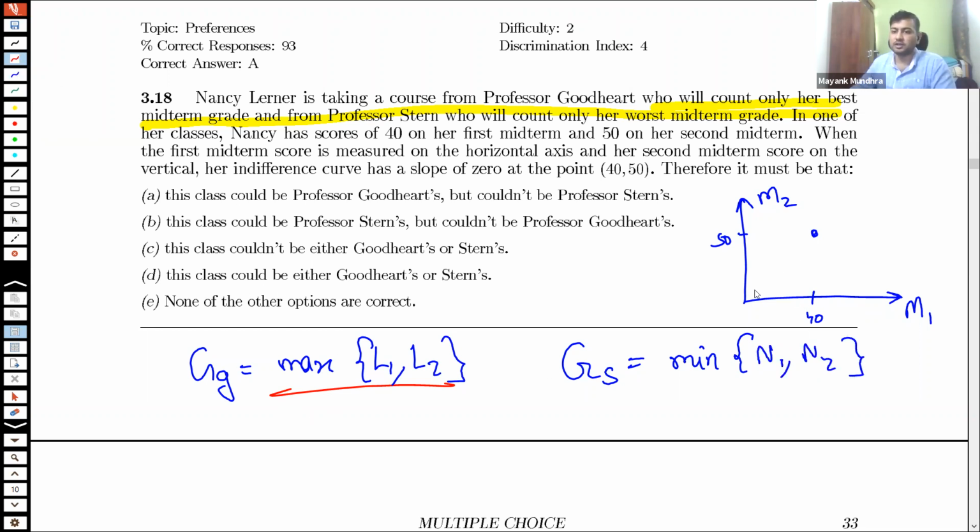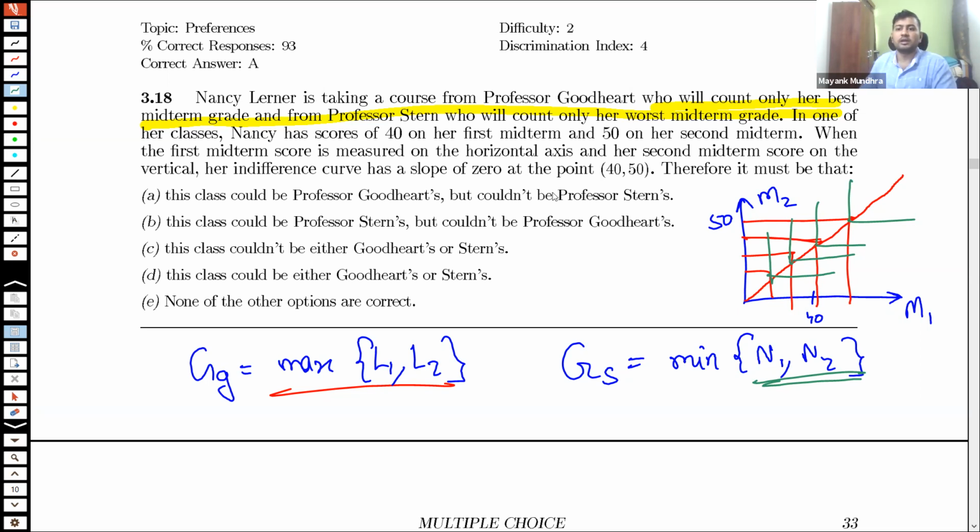So the max function along the 45-degree line will look like this. And the min function will look like this. And this is the point 40 comma 50.